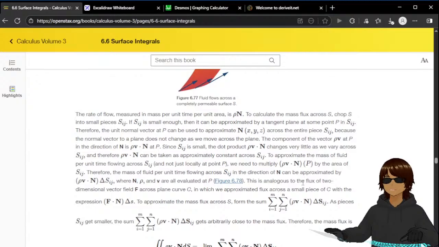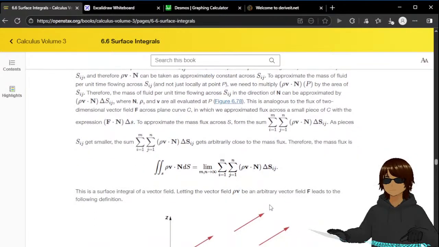This is analogous to the flux of a two-dimensional field F across a plane curve C, in which you approximate the flux across a small piece of C with the expression F dot n delta s. To approximate the mass flux across S, as the pieces Sij get smaller, the sum gets arbitrarily close to the mass flux.